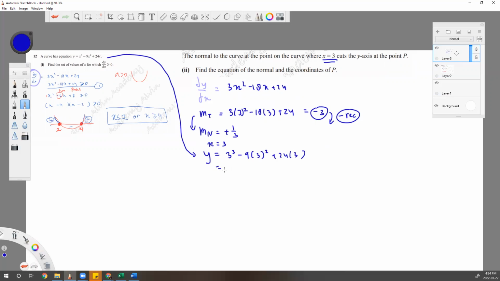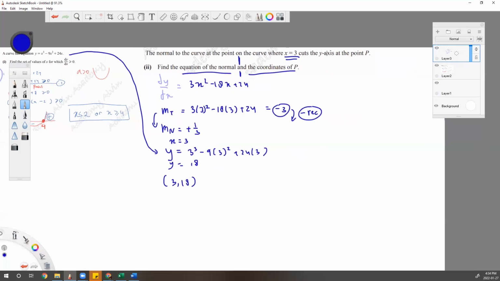So 27 minus 81 plus 72, which is 18. So the point is (3, 18). And we need to find the equation of the normal first.